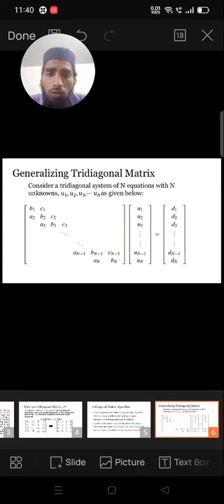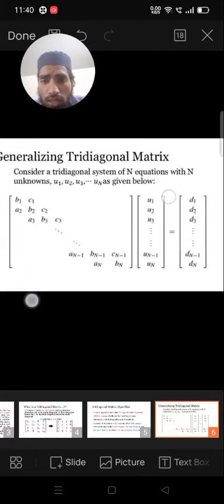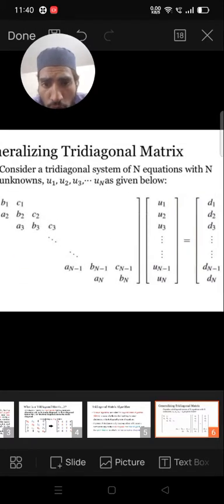Generalizing the tridiagonal matrix, consider a tridiagonal system of equations with n unknowns u1, u2, u3, and so on up to un, as given below.